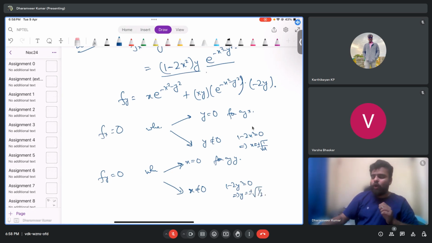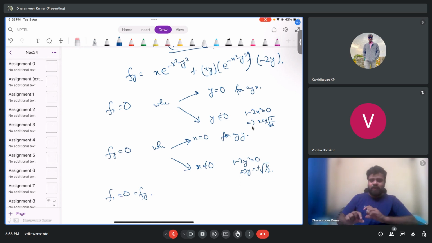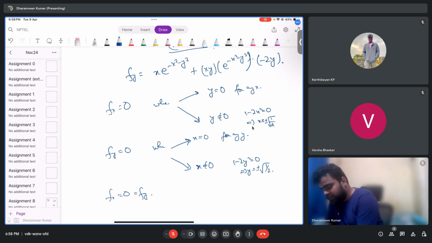So when is this common? x is equal to 0 equal to fy. So fx is equal to 0 when x is equal to 0 at any point in y, right? So from this case, it's 0 comma a, the whole axis. When y is equal to 0, we'll not have this case, right?